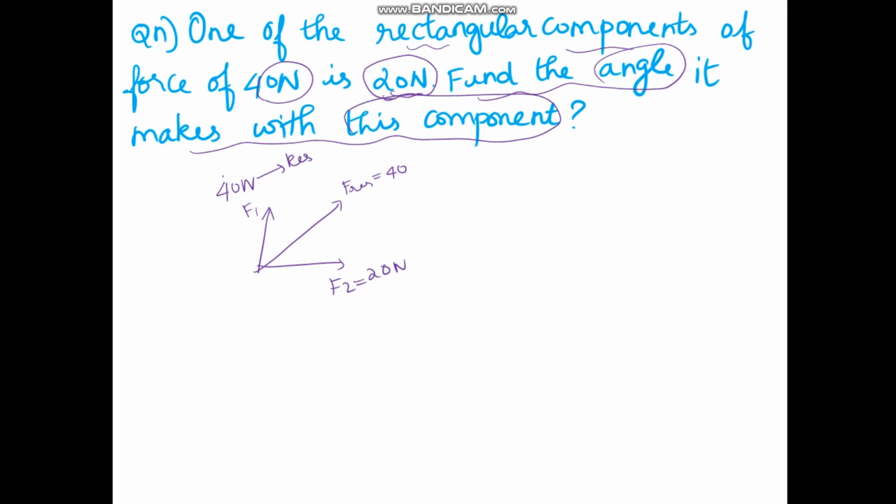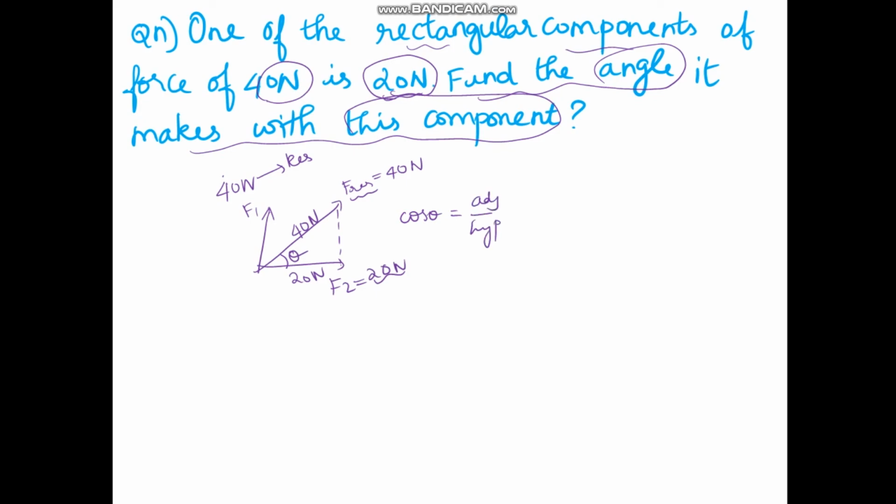They are asking what angle is made by the F resultant with the 20 Newton component. Let us assume this angle to be theta. We assume the hypotenuse to be 40 Newton and the adjacent side to be 20 Newton. We know that cos theta is adjacent by hypotenuse.